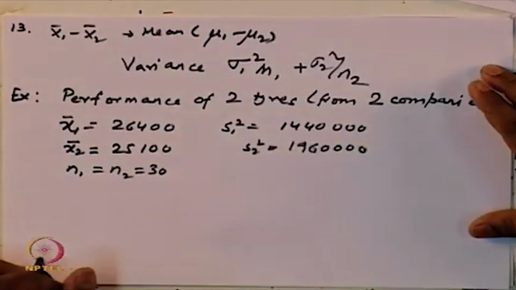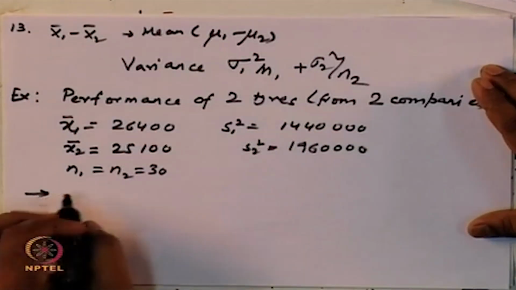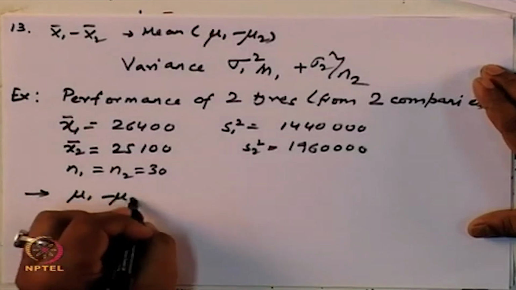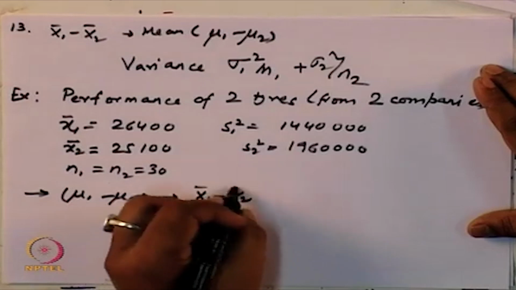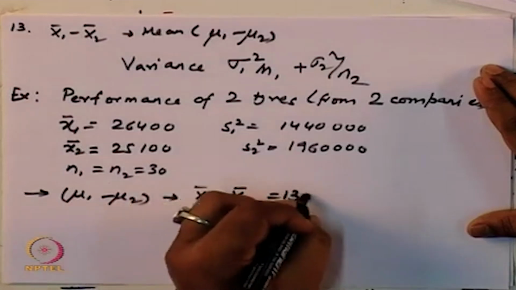So, what you will do? You will calculate mu1 minus mu2. The point estimate of mu1 minus mu2 is x1 bar minus x2 bar, and this is 1300.